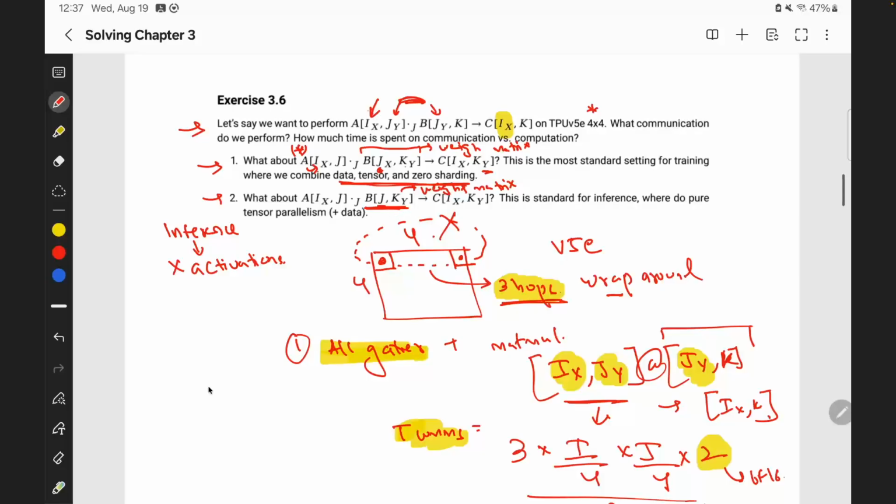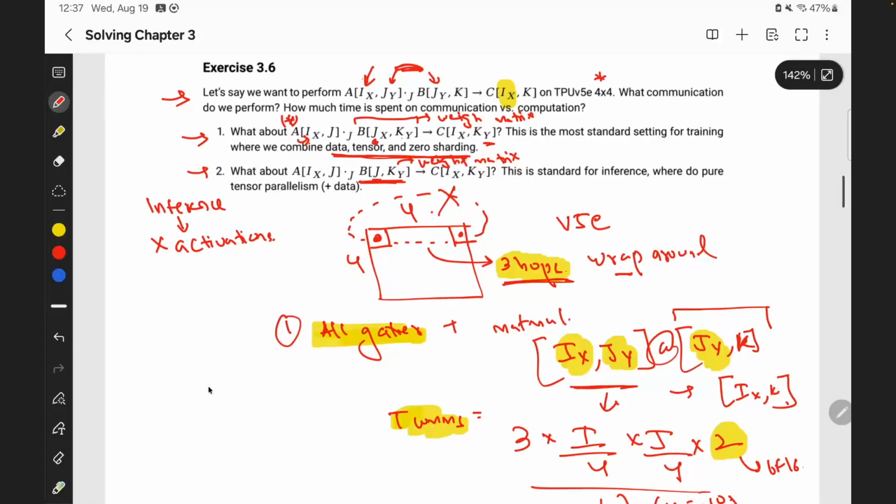So this becomes really simple, where you are just doing the matrix multiplication, and there is no need to communicate, so it is only flops, because if you do this matrix multiplication, you will get C[I_X, K_Y].